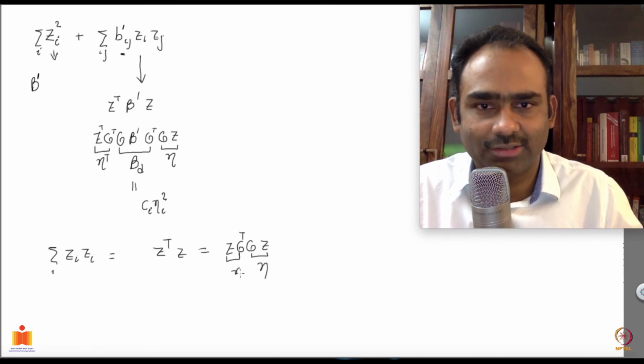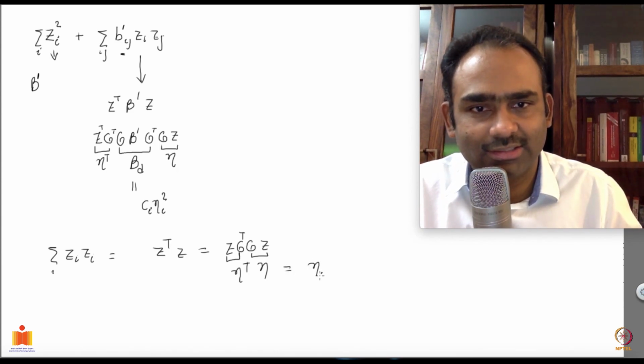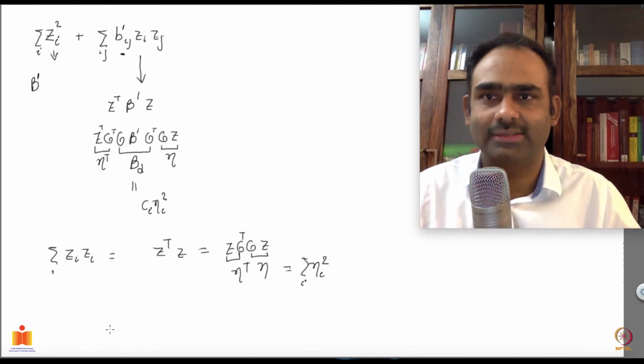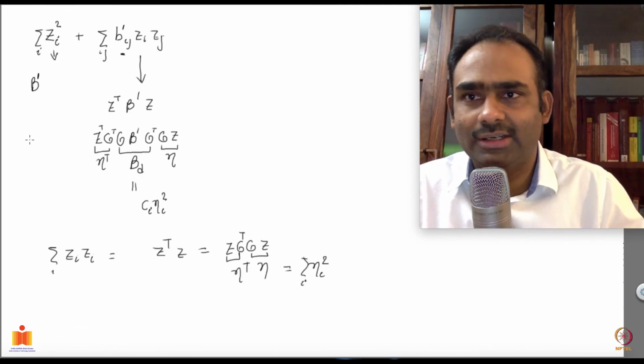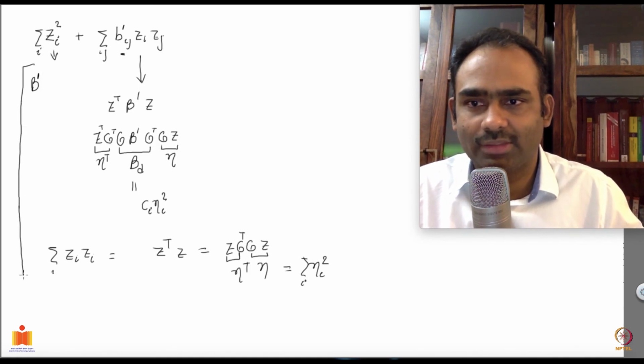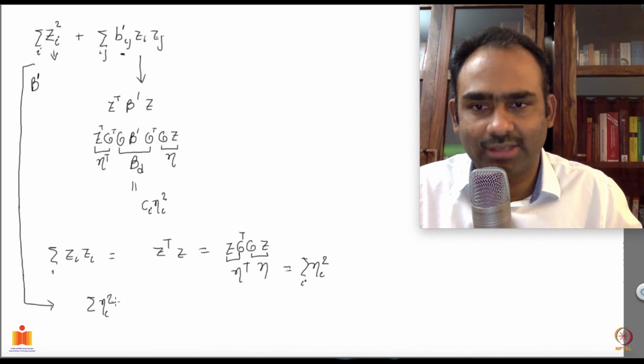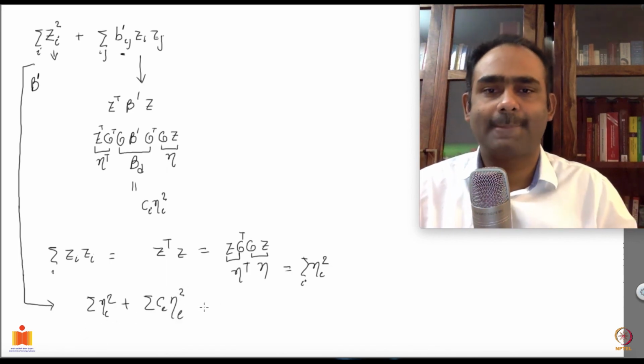This is eta transpose, and you clearly see you don't pick up any coefficients. It just remains eta i squared. Okay, it still remains a sum of squares. So what you have here is that the entire sum becomes eta i squared plus Ci eta i squared.